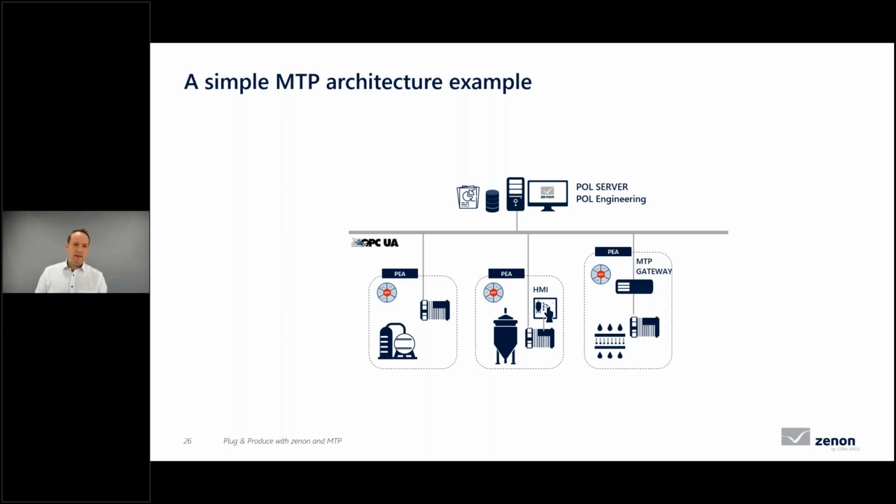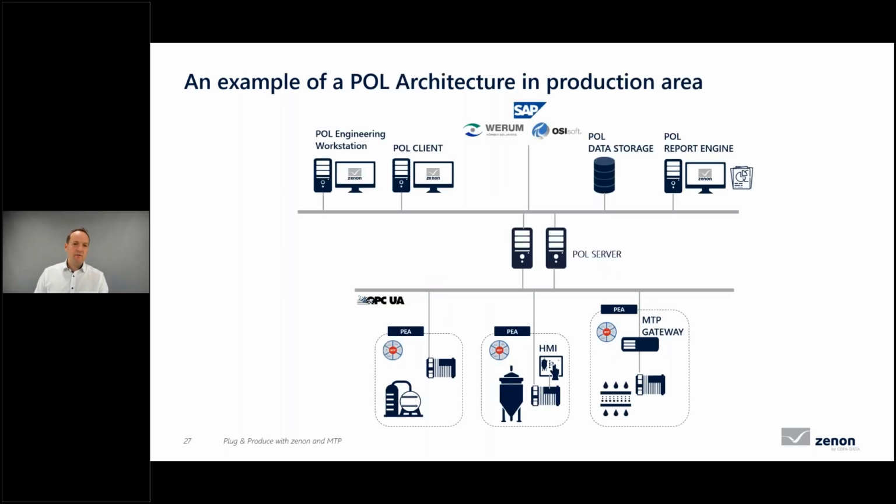Now, of course, you can extend this architecture if you like, because we do that for large customer projects since years. So you easily can extend it to have a seamless redundancy on a central basis. Then there can be a central data storage as well to store your historical process, alarms and event data.